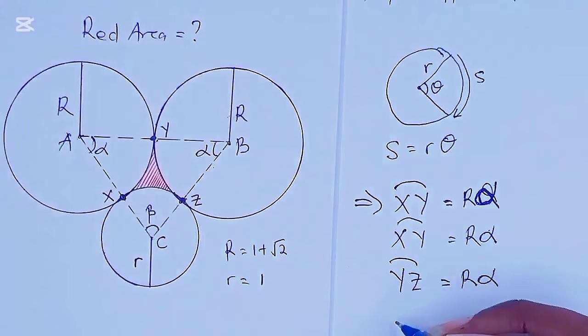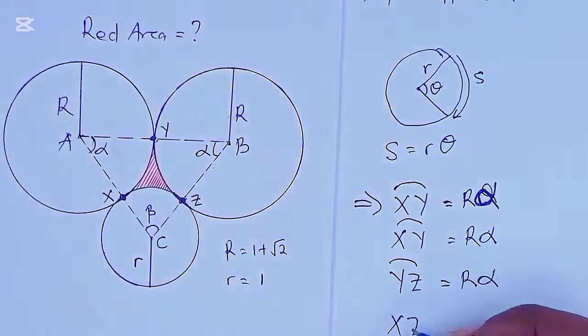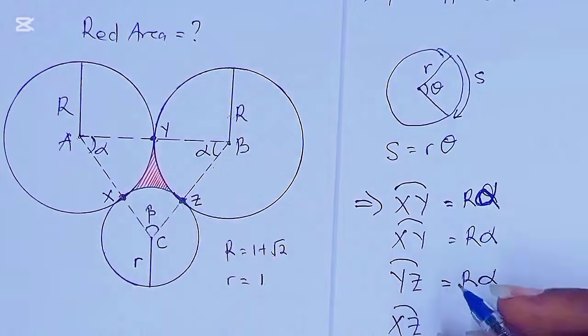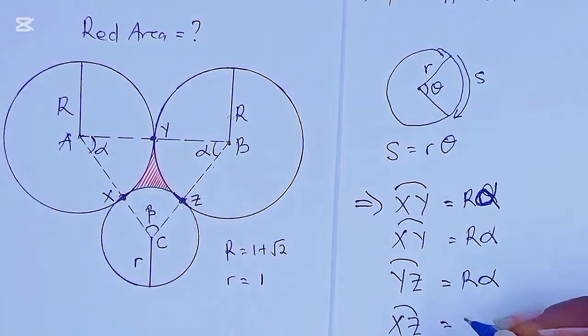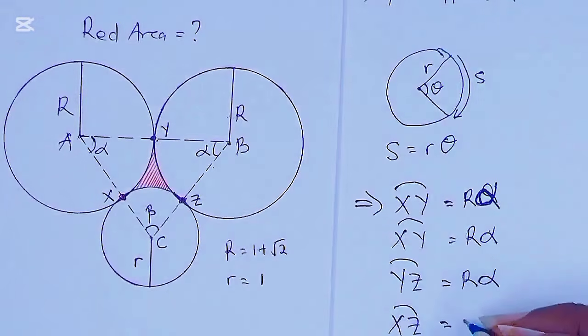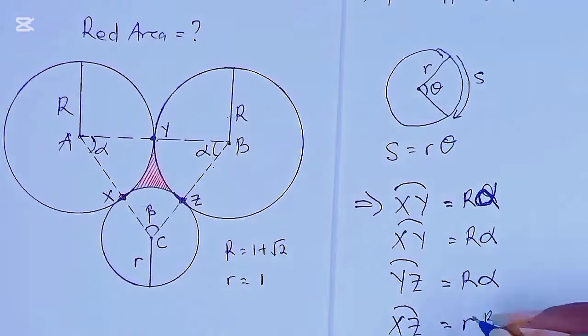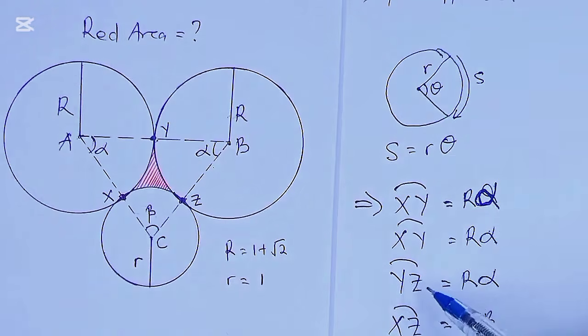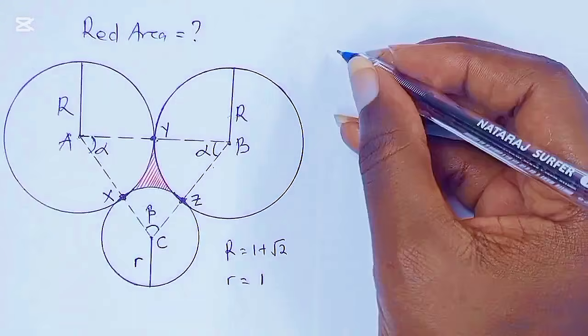Then arc XZ will be equal to small r. Since this is small r from here to here, it is small r beta, as this angle is beta. So xy is capital R alpha, yz is capital R alpha as well, and xz is equal to small r beta.